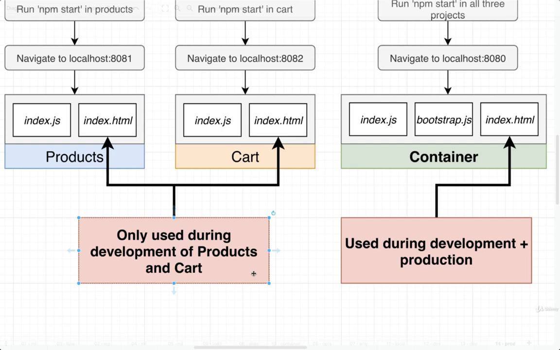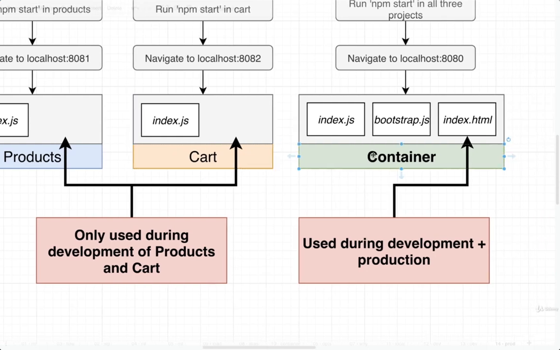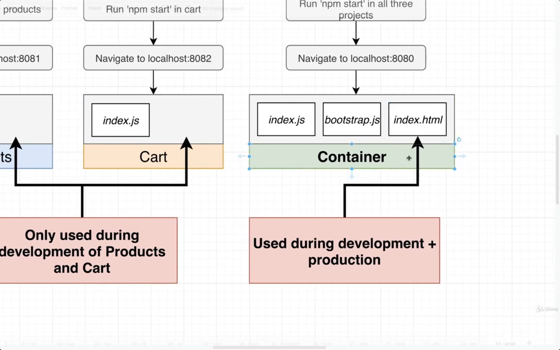They're only used to load up products and cart and get them visible on the screen of the browser. So inside of any kind of production environment, we do not make use of the HTML files inside of products or cart. Instead, we load up the JavaScript only from products and cart into our container. And so ultimately, it is the HTML file inside of container that will be used during production.